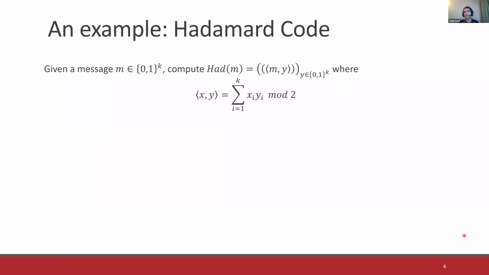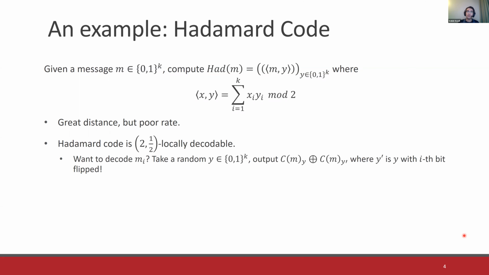And the inner product is computed modulo 2. So this code has great distance. If you consider each pair of code words, they differ in at least 1/2 of their coordinates. But the length of the code word is exponential in the size of the message, so it has very poor rate. But also, this Hadamard code is a very good locally decodable code.